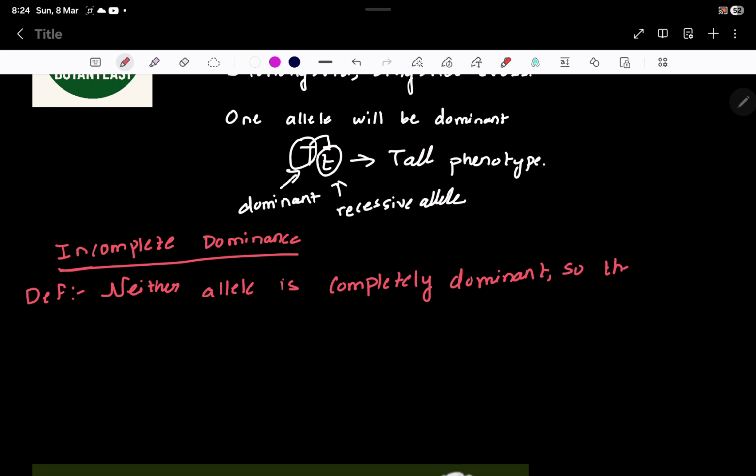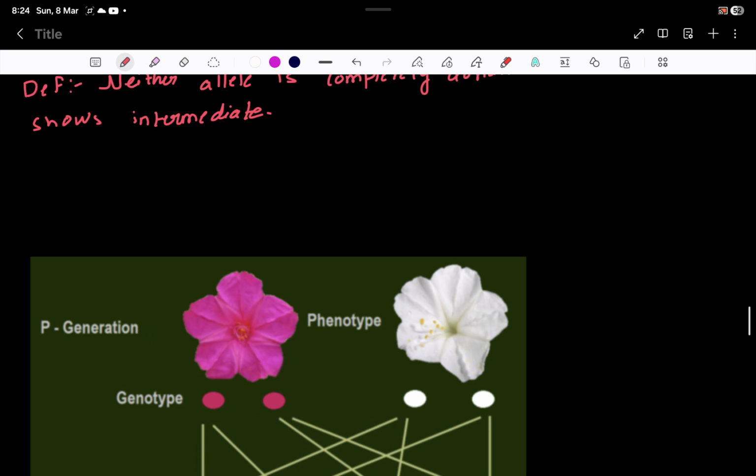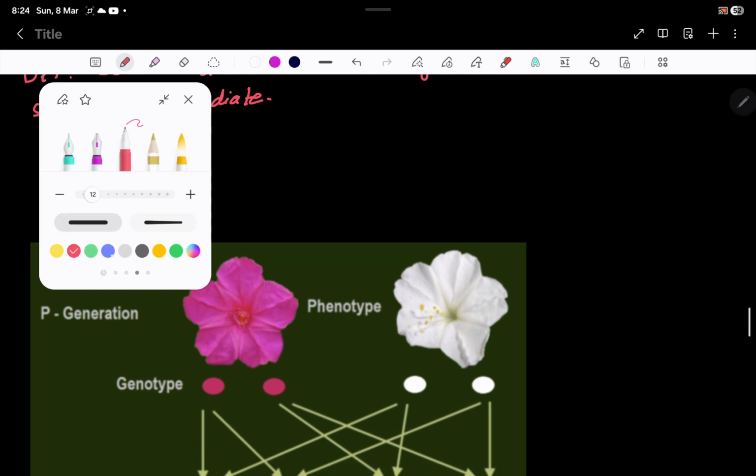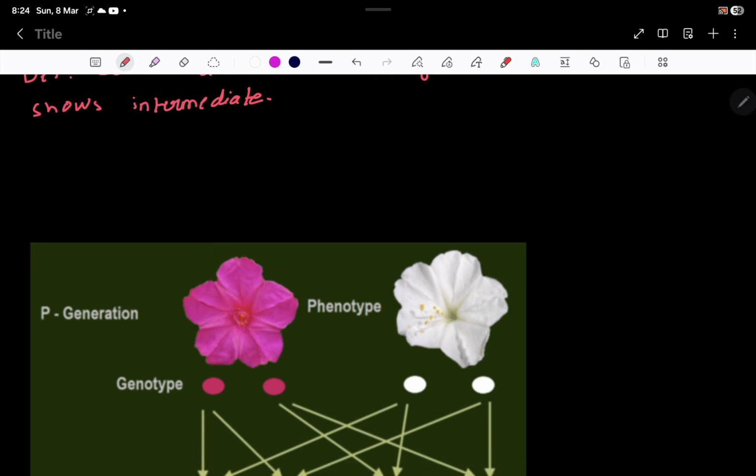So the phenotype shows an intermediate. What does that mean? We will be learning with an example. The example we are taking is of a flower. Remember, Mirabilis jalapa.